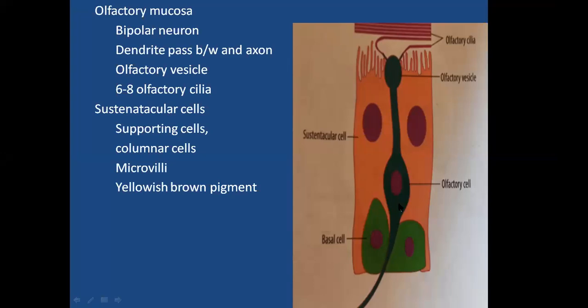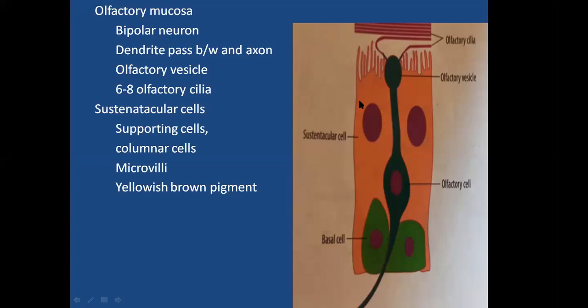Now, as we already know, this olfactory cell, which is a bipolar neuron, lies between the sustentacular cells. These are the sustentacular cells. The sustentacular cells are the supporting cells of the olfactory cells, and they are columnar cells. They have microvilli.